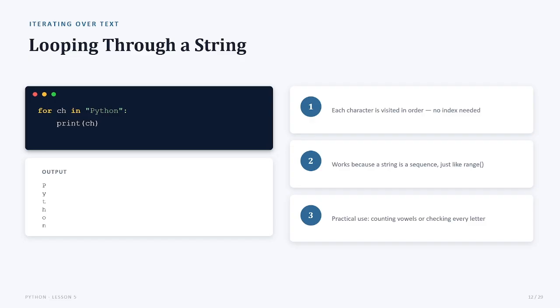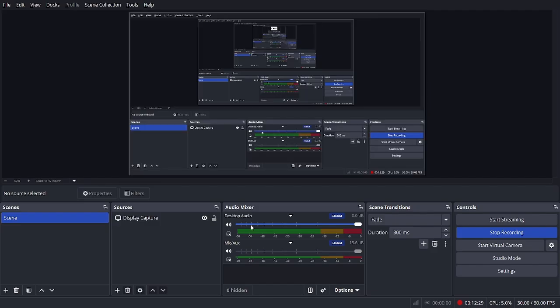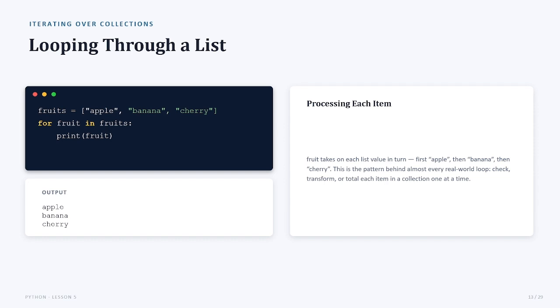Moving forward with our slide, looping through a list. Now let's take another important data structure, a list. Suppose we have a list of students. Students is equal to, let me show you this.